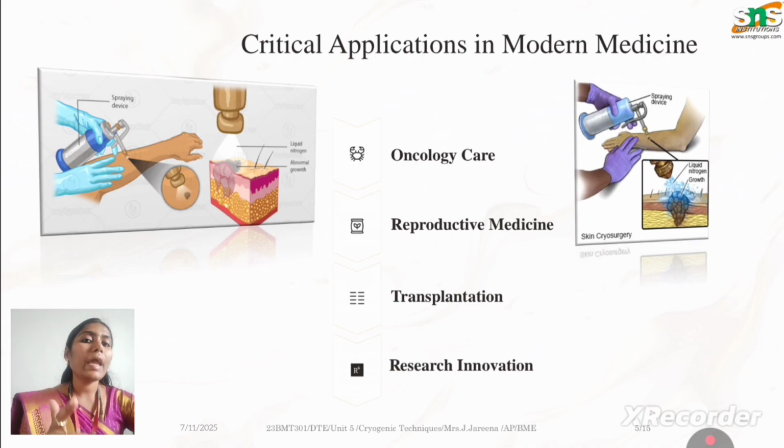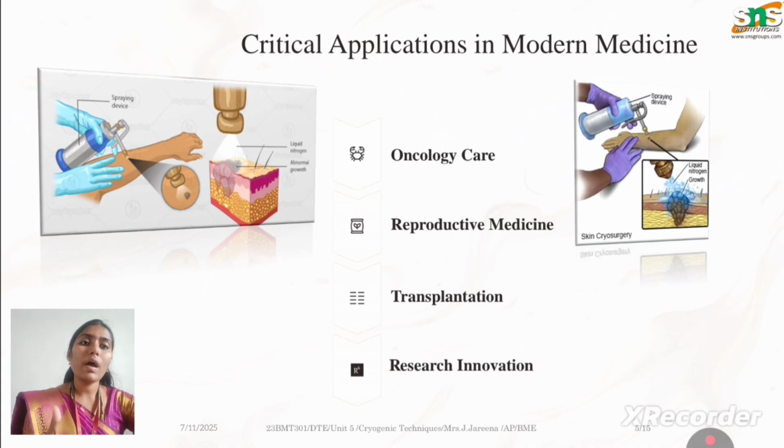Next, you can use this technique in transplantation, because you need storage of organs in case of organ failures, and those organs have to be transplanted, right? So in that case also the same cryogenic techniques can be used.